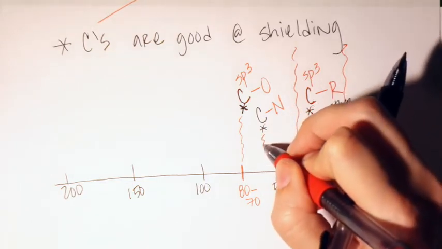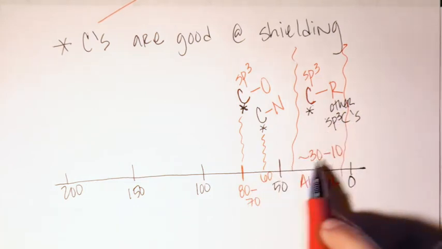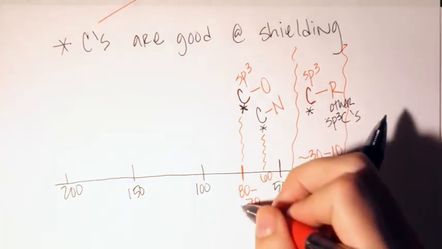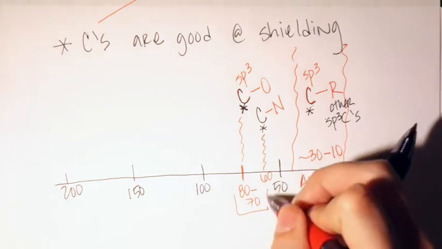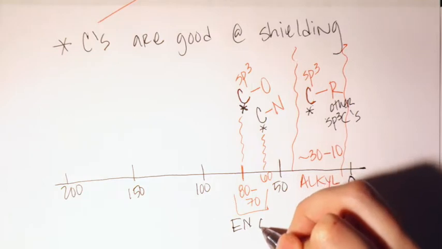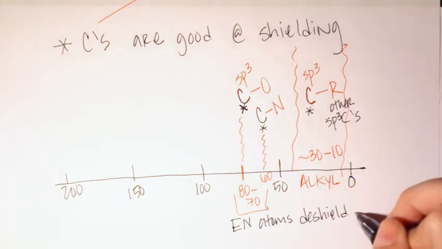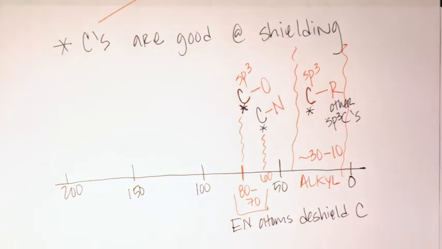So you might see that one more around 60 or so. But still it's going to be de-shielded relative to the alkyl region, right? What's happening here is that those electronegative atoms de-shield the carbon. Again, de-shielding is pulling it to the left of the spectrum.